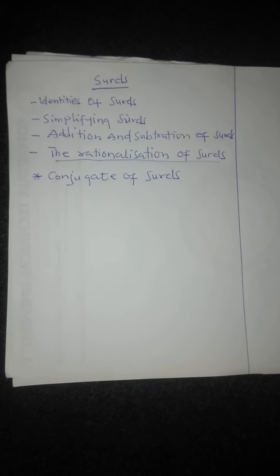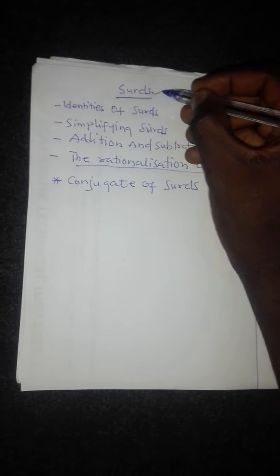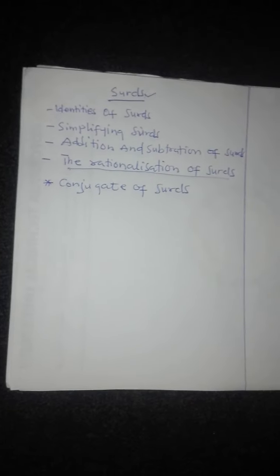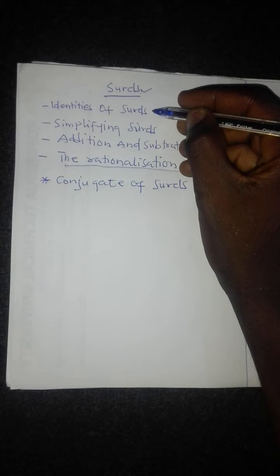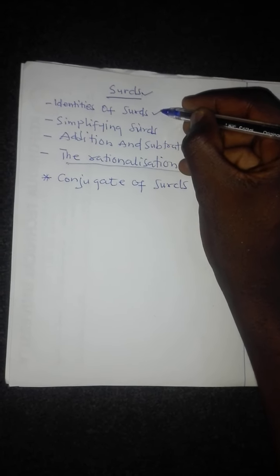Now, we have started this study for the fourth time. We are in our fourth lesson, and we are on the topic sets. In our first lesson we learned about the identities of sets.